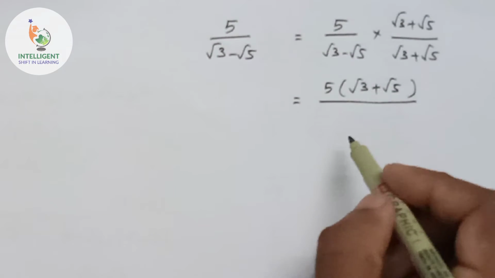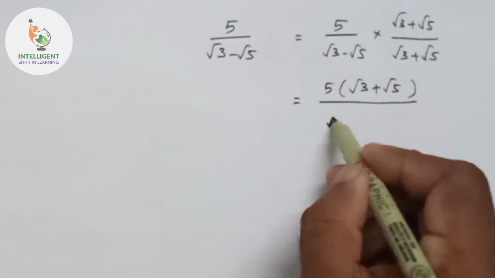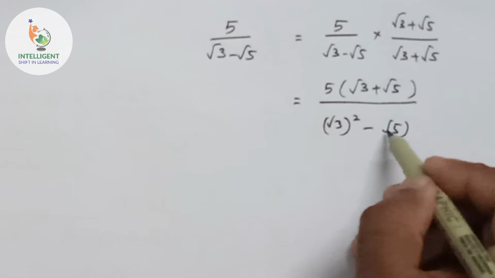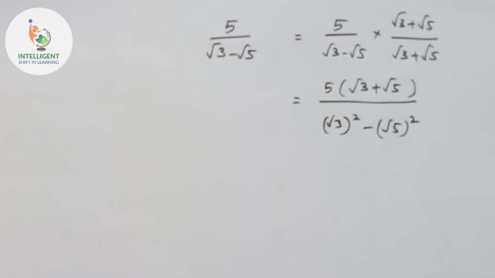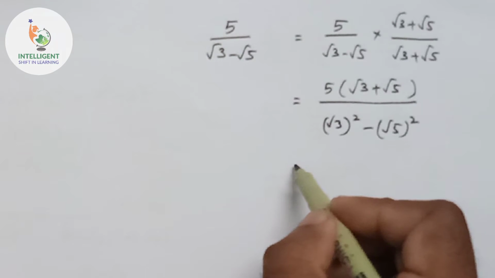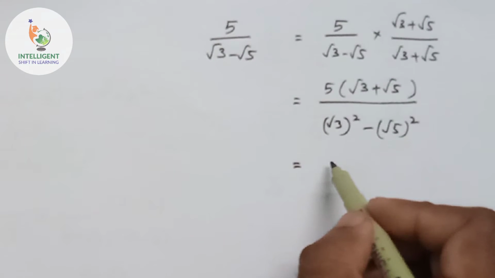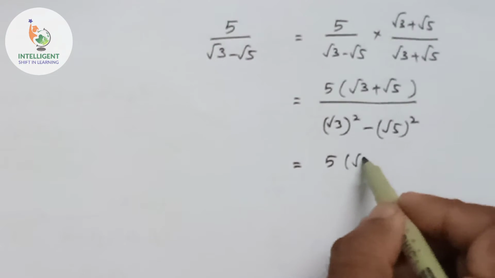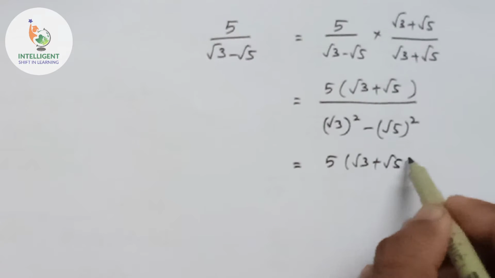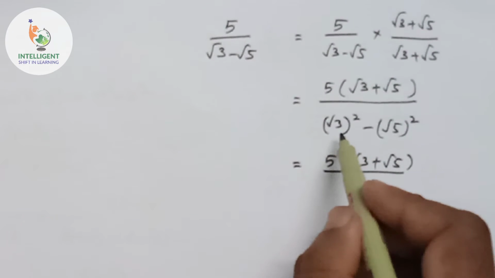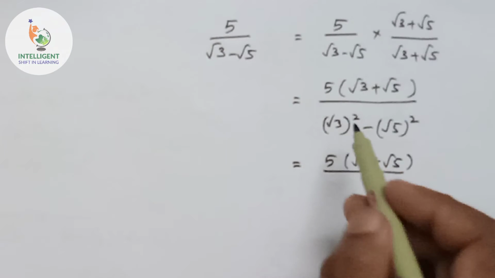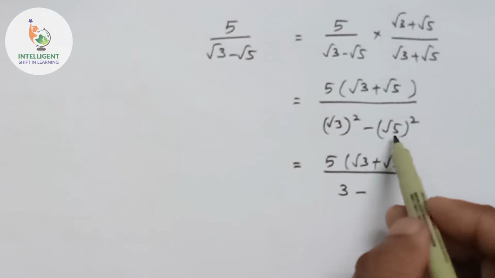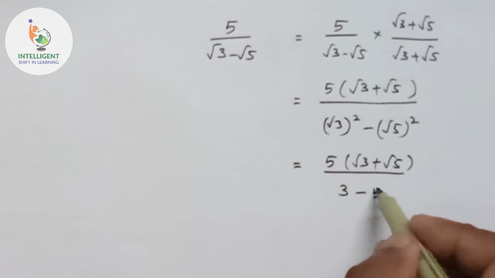We can use the identity, that is root 3 square minus root 5 square equal to 5 into root 3 plus root 5 divided by square of root 3 is 3 minus square of root 5 is 5.